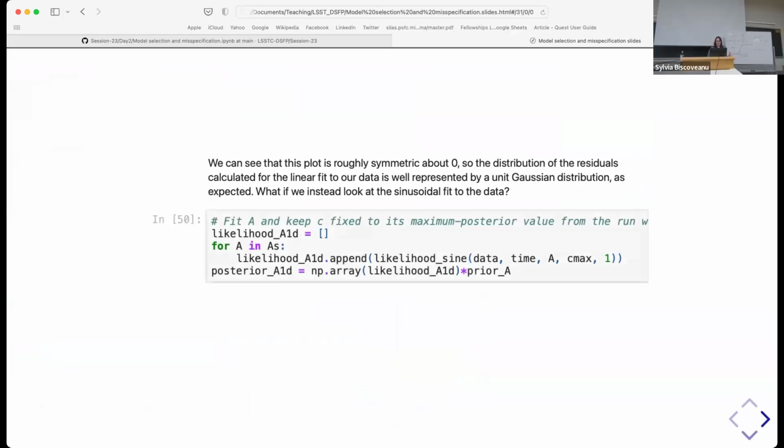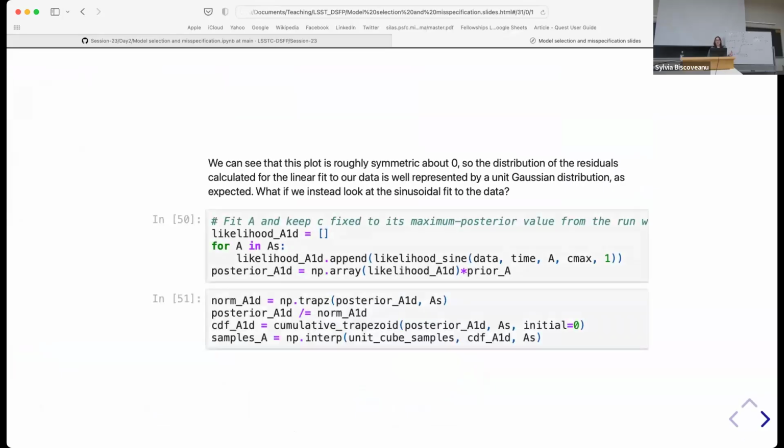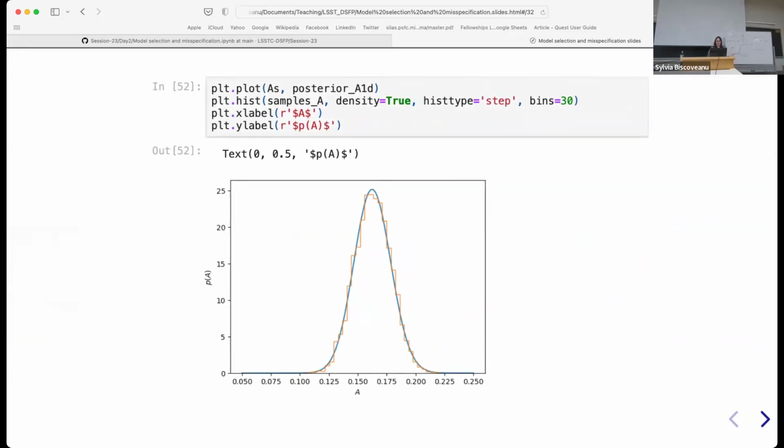Okay, yeah, great. So now we're going to see what this looks like for our sinusoidal fit to our linear data. And we would expect in this case that that CDF comparison plot is not going to be symmetric about 0. So we're going to do the same thing, except now we're fitting the sinusoidal model.